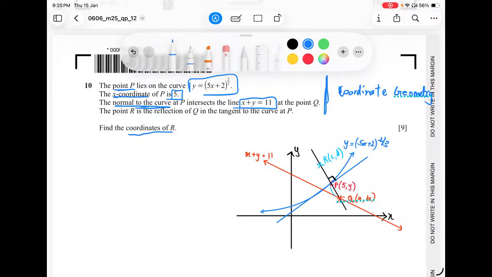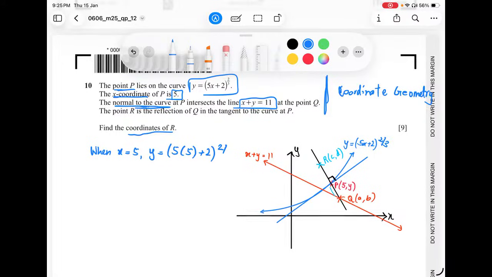So what's the first method you're going to use for the first step? The first step is going to be simple. You need to find the coordinates of P, so the y coordinate of P. Since P is on the curve, when x is equal to 5, y is going to be equal to (5 times 5 plus 2) to the power 2 by 3.